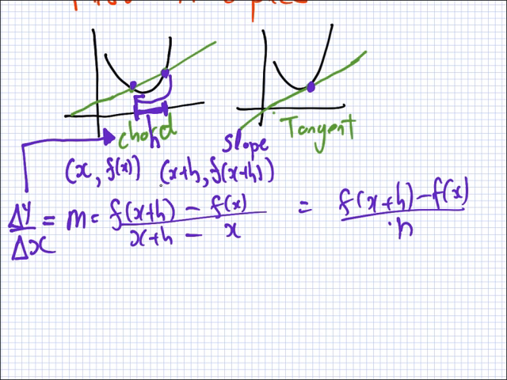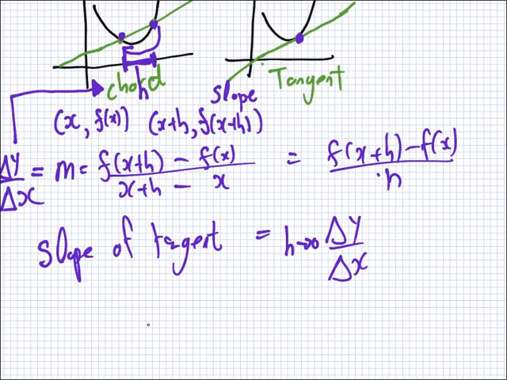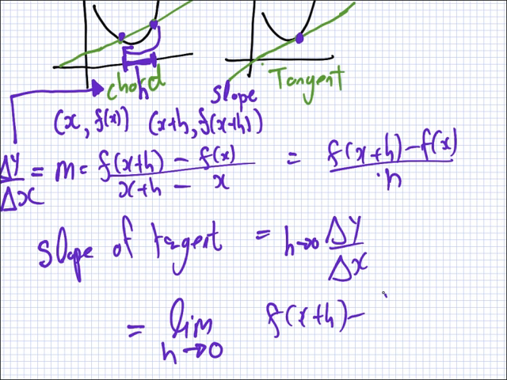So if I want the slope of the tangent, that would equal the slope of the chord, but then you make the h become 0. Or just to be a little bit clearer, it's the limit as h goes to 0 of f(x plus h) minus f(x) over h.